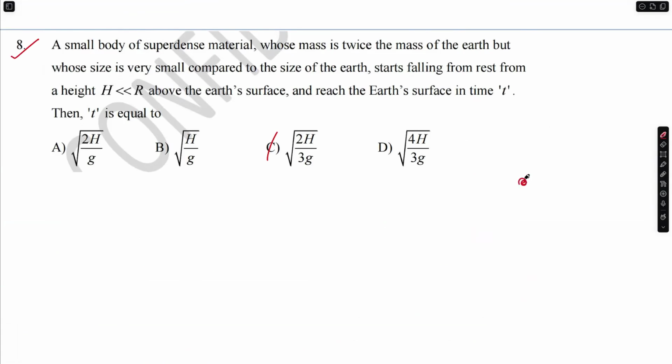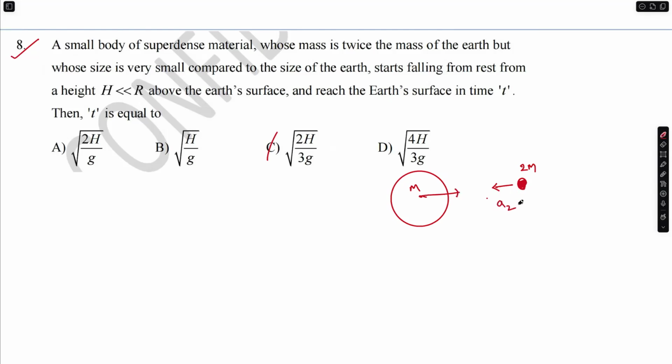See what is happening over here. This is the point mass, and this is the Earth. This is 2m and this is m. The forces are the same. See, the forces are the same actually.